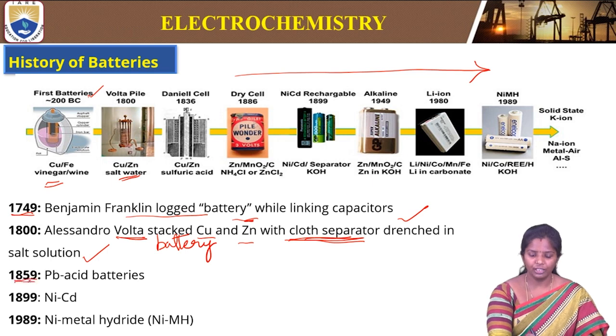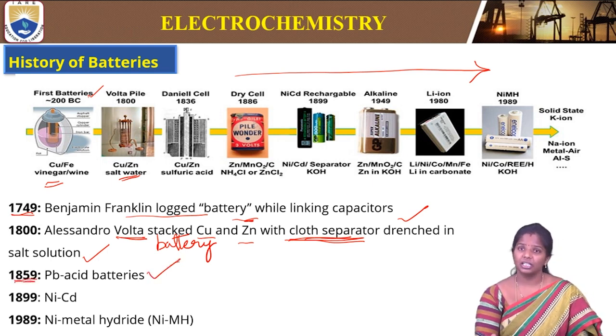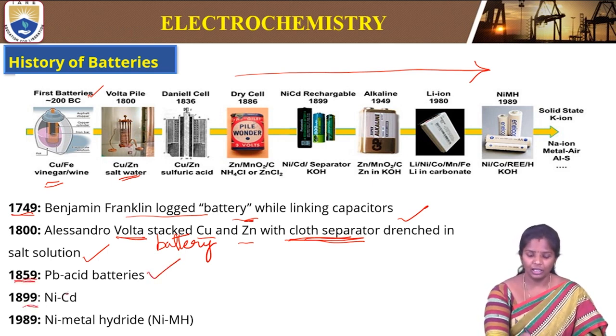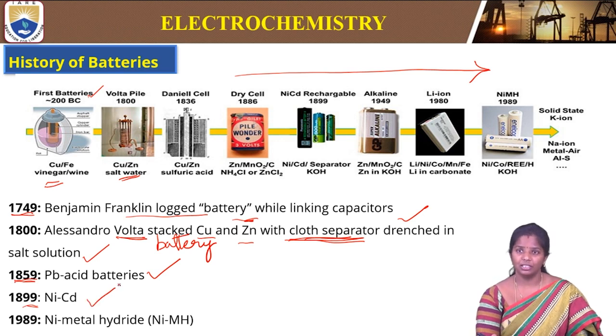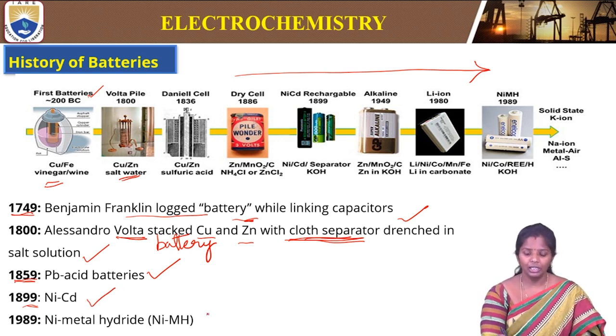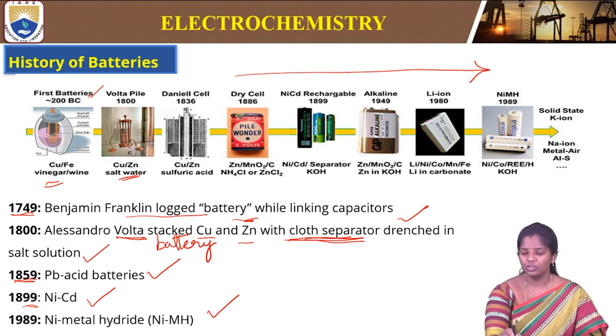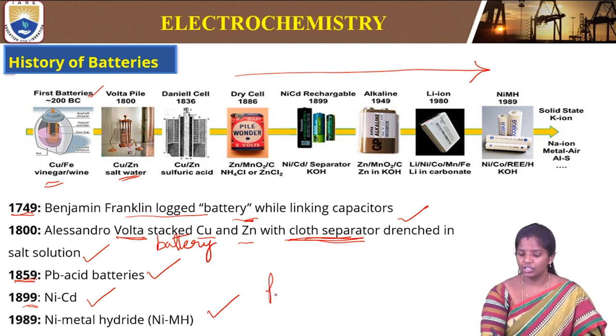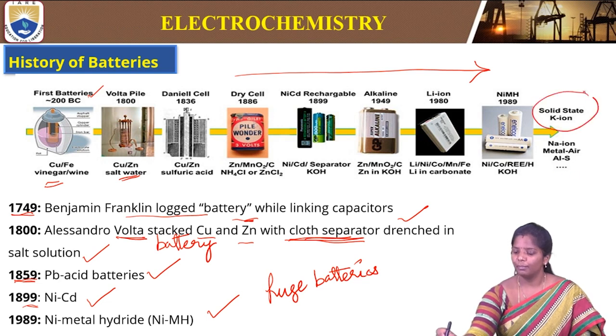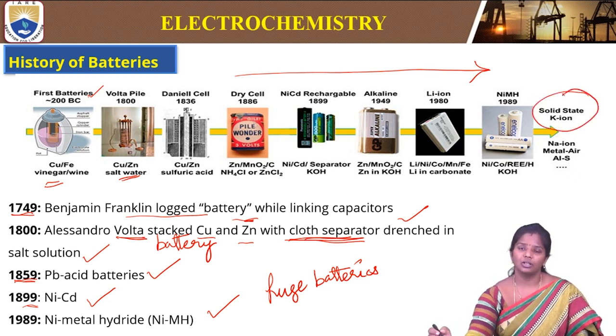In 1859, lead acid batteries were developed, in 1899 nickel cadmium batteries, and in 1889 nickel metal hydride. So with this, there is a huge development in the history of batteries. As we see, we have come to the solid state battery. The ultimate one is the solid state battery for the present generation.